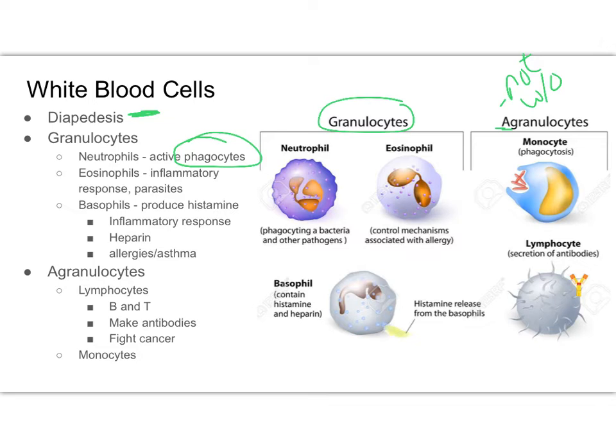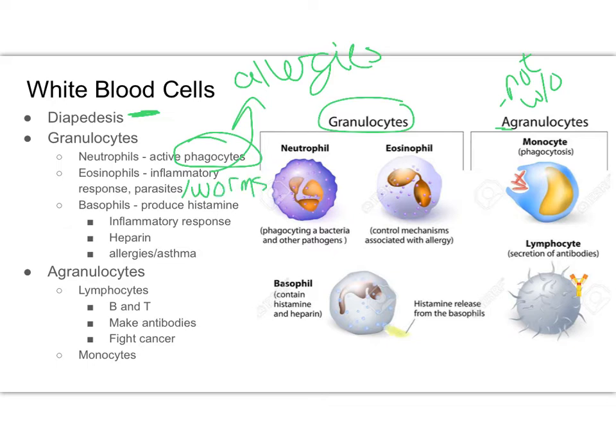Our second type of granulocyte are what are called our eosinophils. Eosinophils are important in inflammatory responses, most commonly the allergic response. So important in inflammatory responses and parasitic responses. Parasites, worms, you're going to see an increase in eosinophils.